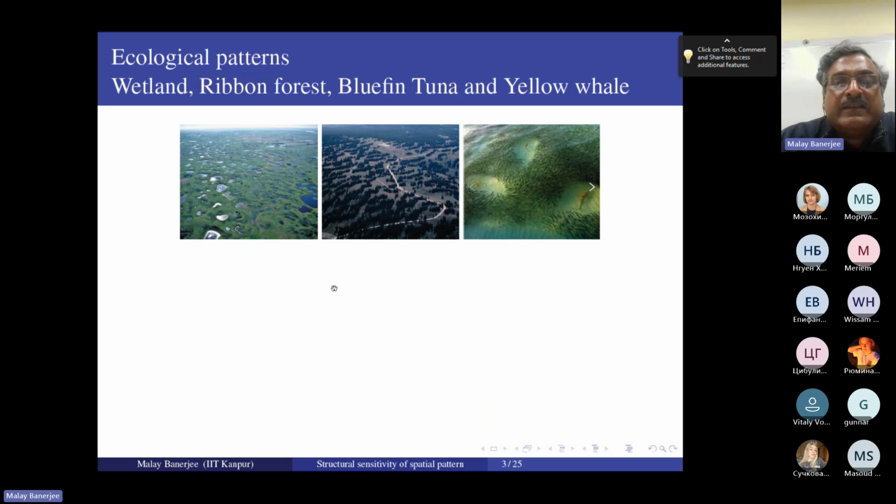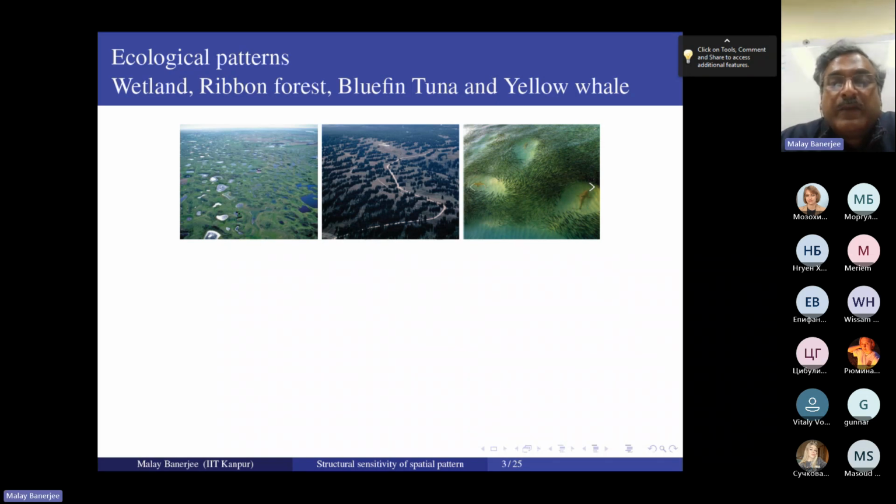Now, this is another example, three more examples of ecological patterns. The left one is the wetland pattern, the middle one is the ribbon forest, and on the right hand we have the pattern generated by the interaction between bluefin tuna and yellow whale.